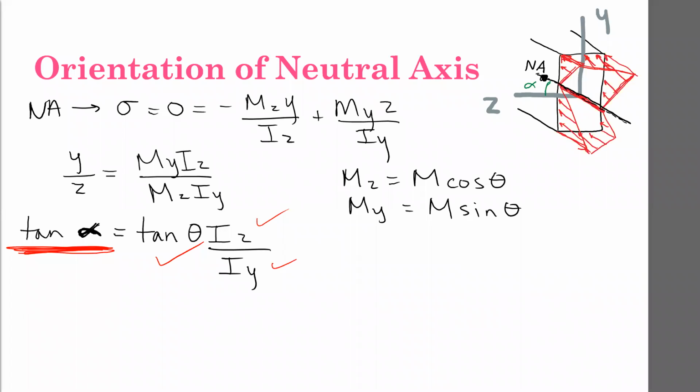All right, let's do an example to help illustrate this. If we have a member that is a square cross section, and we have a moment about this axis, so the moment is like that, and it is 850 Newton meters.